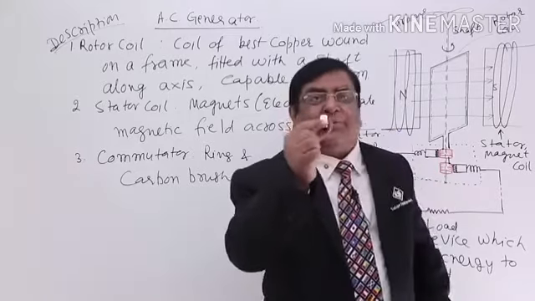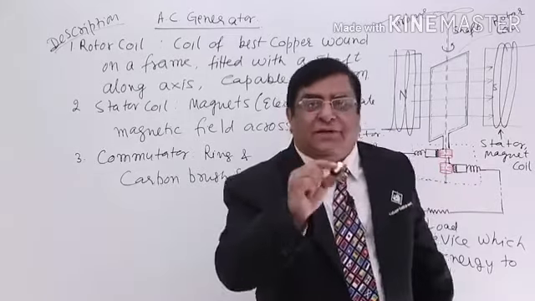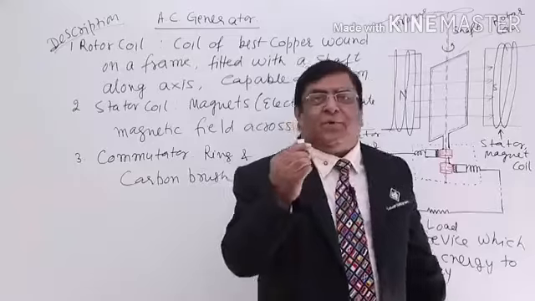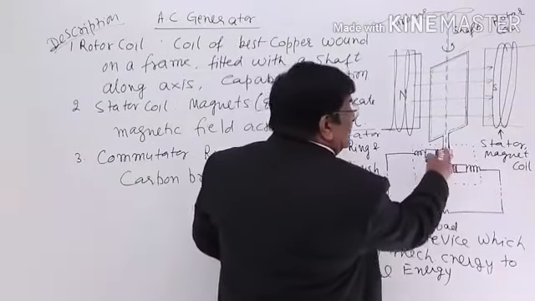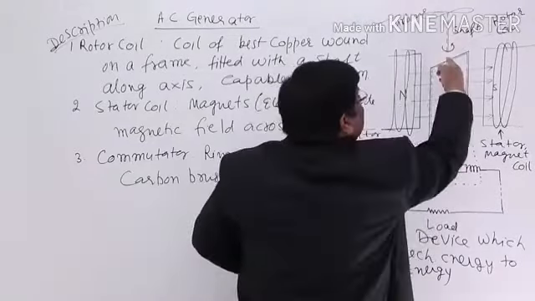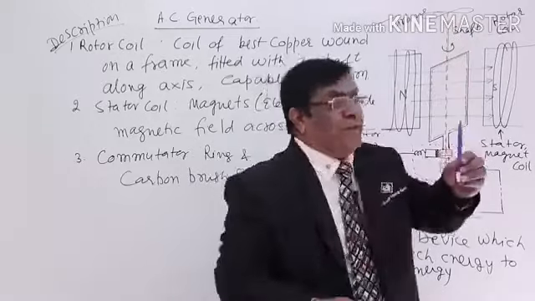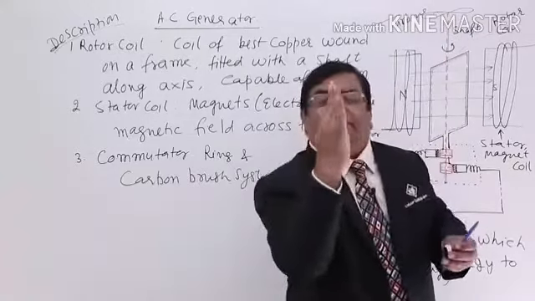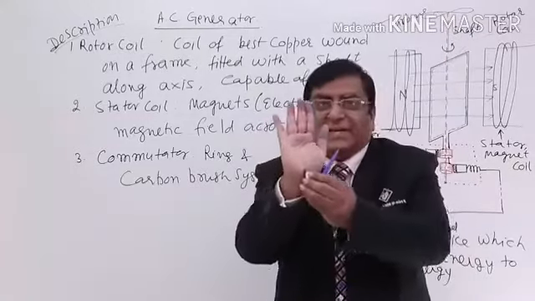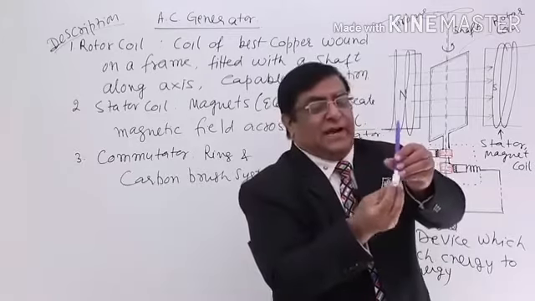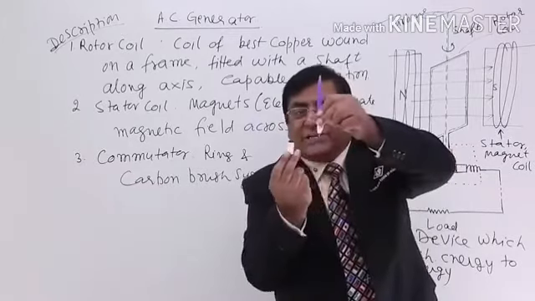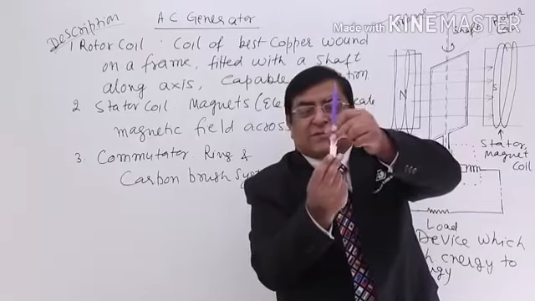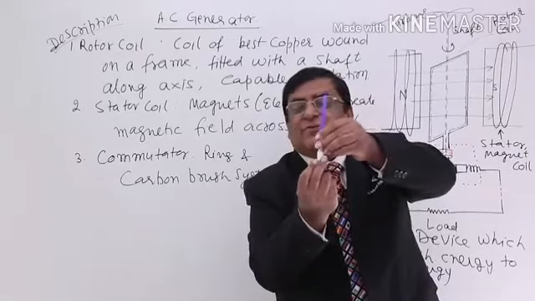This is a pure copper or a good metal ring, and the axis of this ring is the same as the axis of the coil. So when the whole coil rotates like this, this ring also rotates, but it does not change its place because the axis is the same.